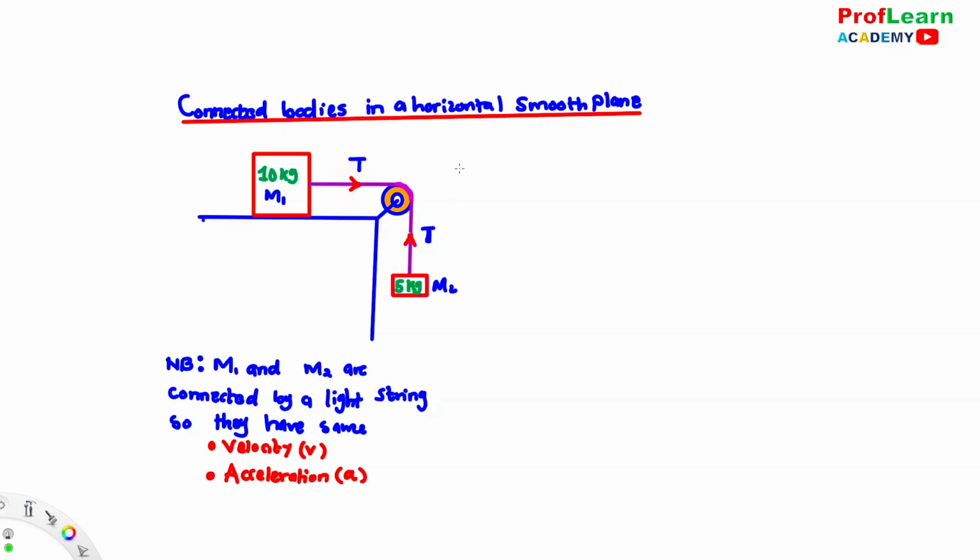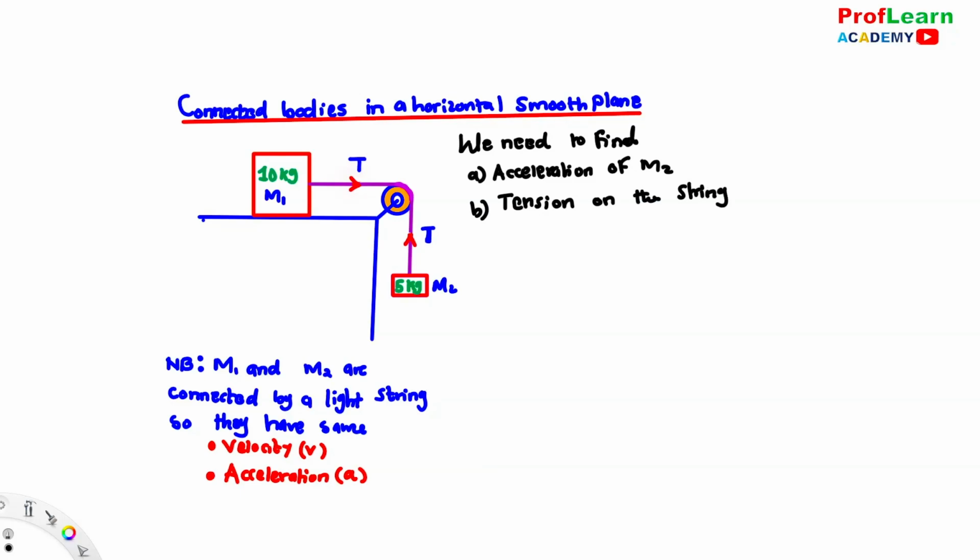So if the acceleration of M1 is A, the acceleration of M2 is A. If the speed at which M1 is moving is V, then the speed of M2 is also V. That's what is common in the two. We are supposed to find the acceleration of M2, and also work out the tension T in the string.